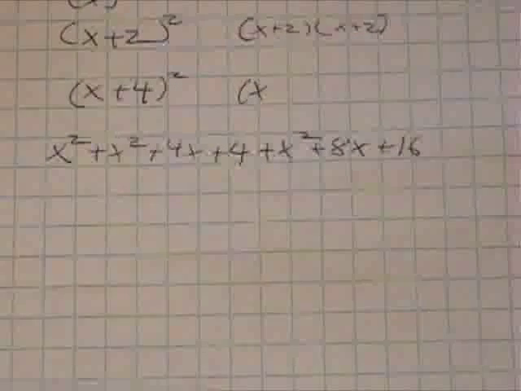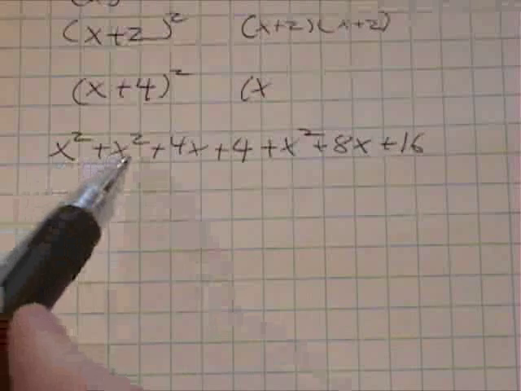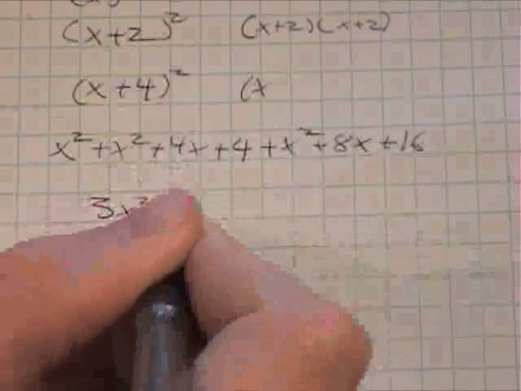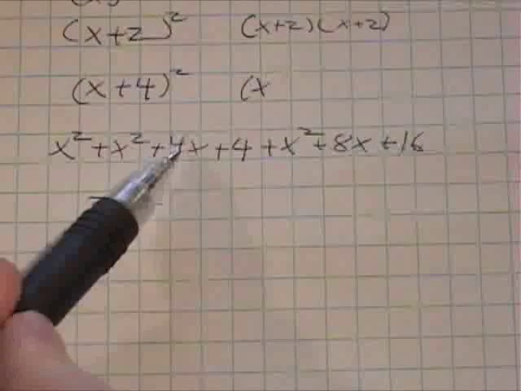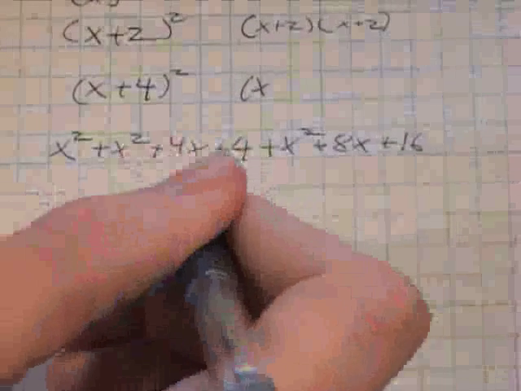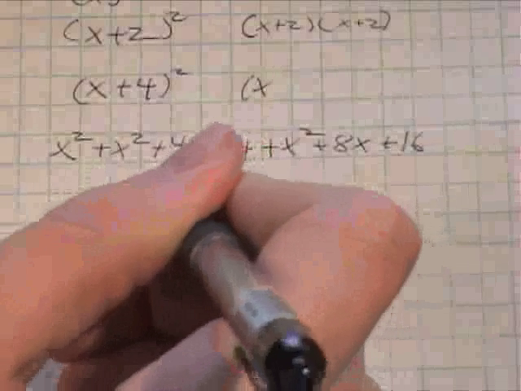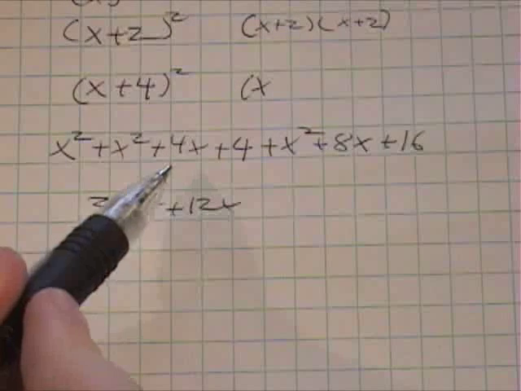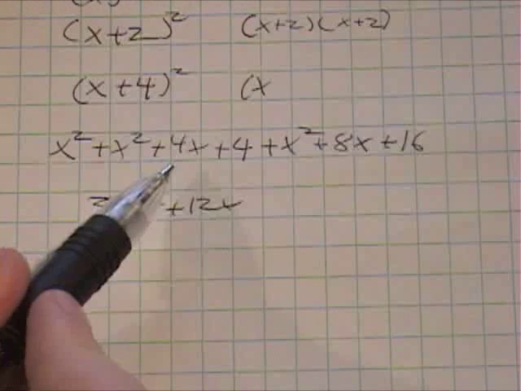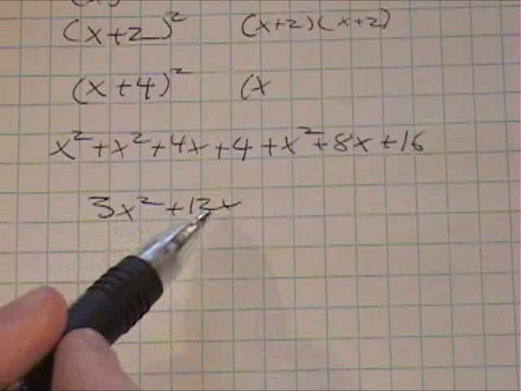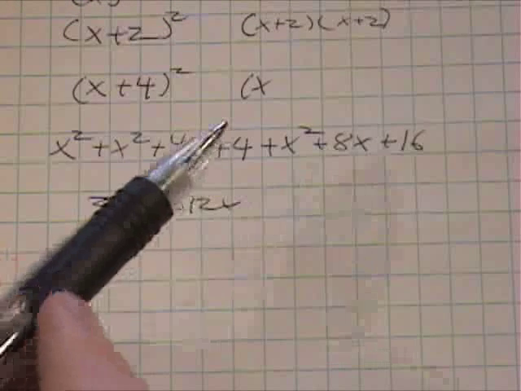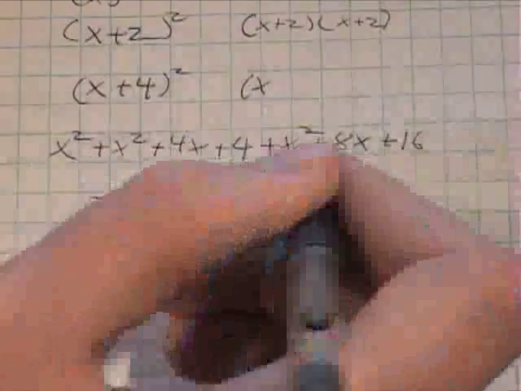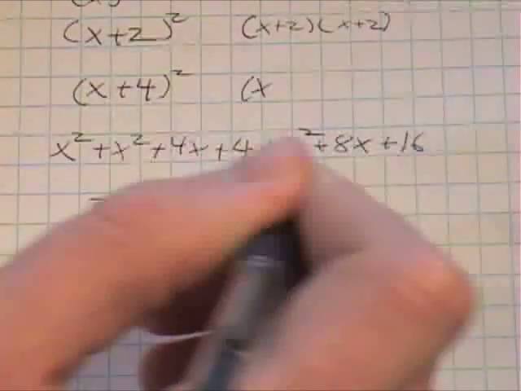Now let's add these all together. So we have 1, 2, 3 x squareds, and we have 4x and an 8x, so that becomes 12x. And now we have 4 and a 16, so that's plus 20.